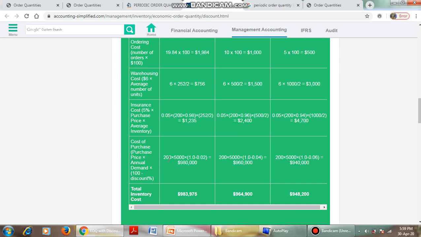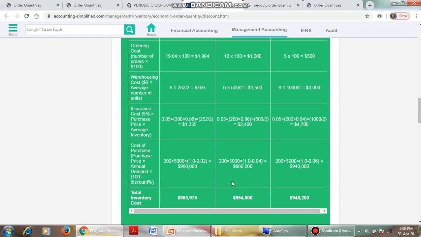Then the cost of purchase is the purchase price 200 into annual demand 5,000 into 1.0 minus 0.02. That is 100% minus the discount, as clearly given here: 2% discount. The purchase price is 200, the annual demand is 5,000, and we convert to percentage as 1.0 minus the discount 0.02.